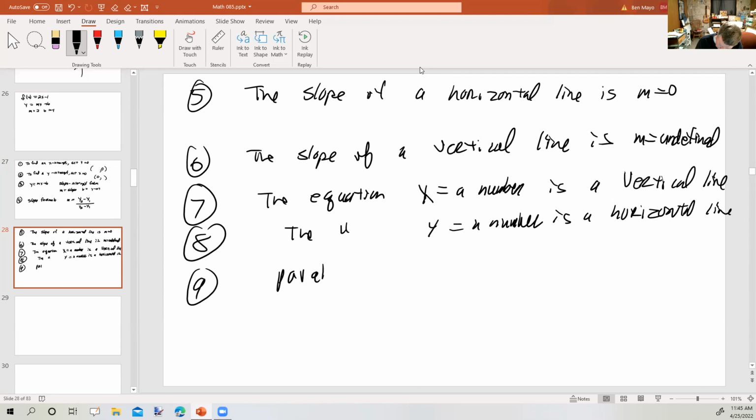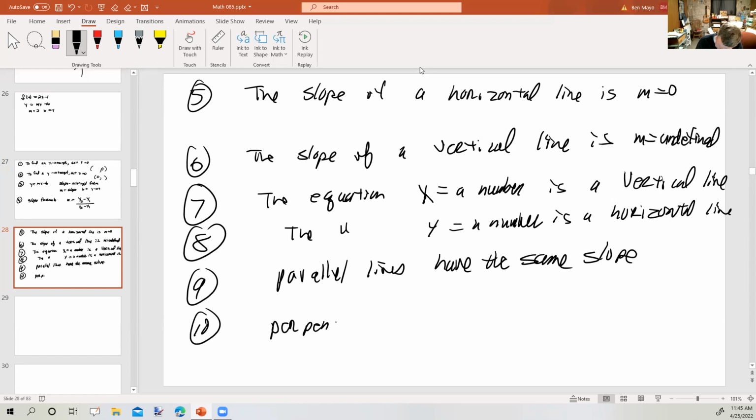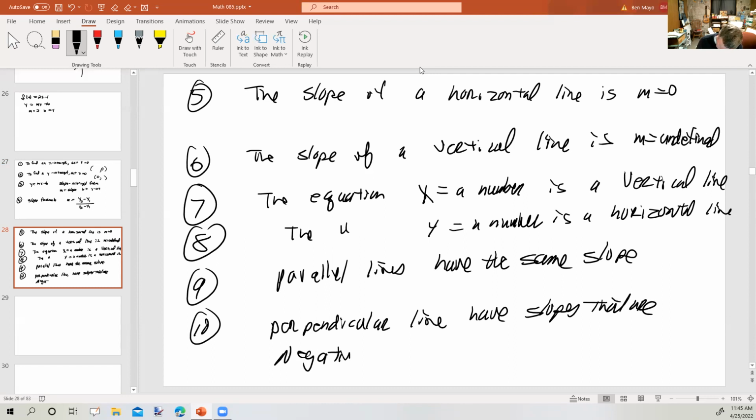Parallel lines have the same slope. And finally, perpendicular lines have slopes that are negative reciprocals.